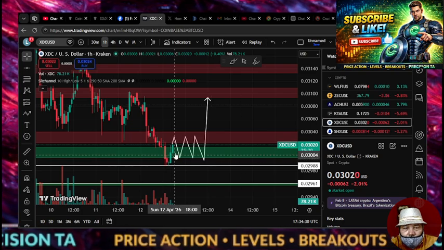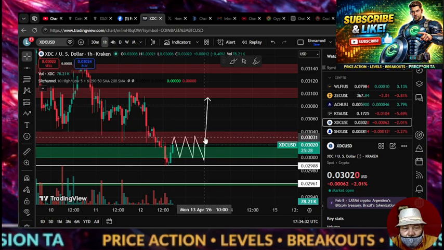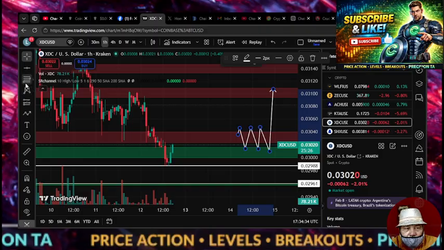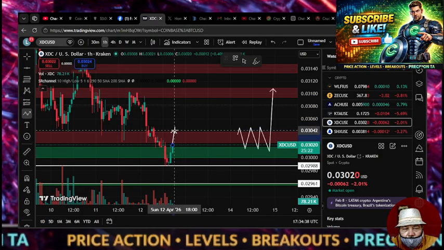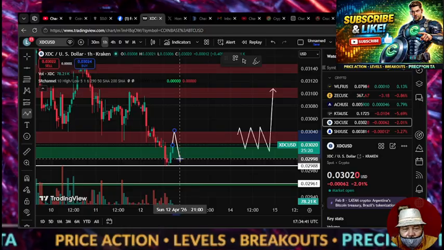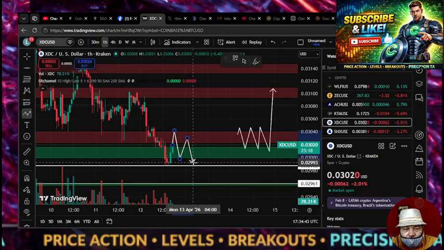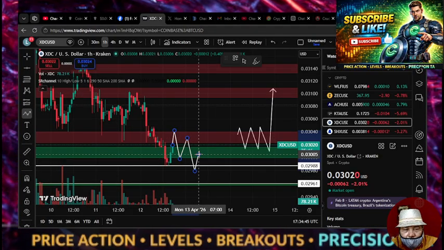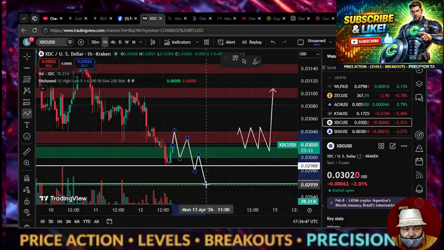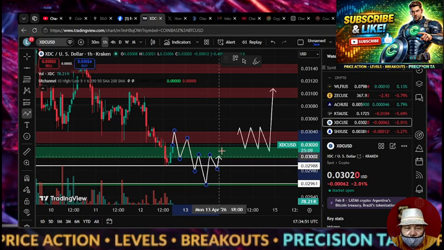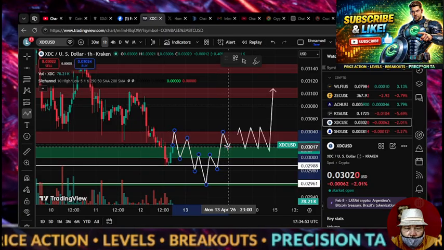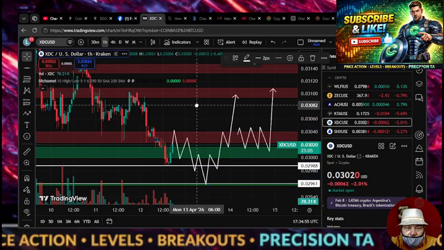We do have another level of support here. We go up and we come back down, we've got another level down here before we go back up and get up here.